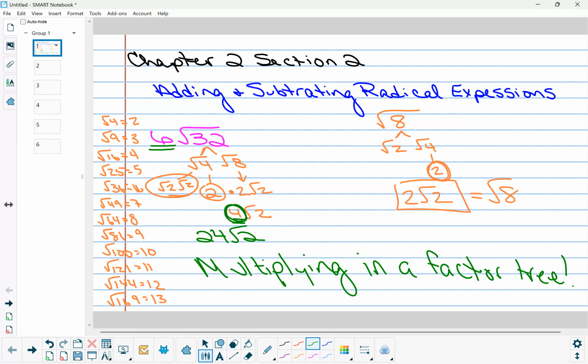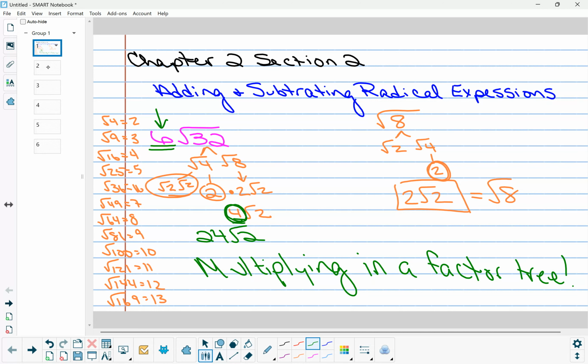So this is a skill that you're going to need to know when we move on to adding and subtracting, because you're going to see a lot of these coefficients, a number out in front of a variable or a radical. So I'm going to give you a couple of pieces of information and then do a couple of examples for you before you're ready to try a couple of these on your own, okay?